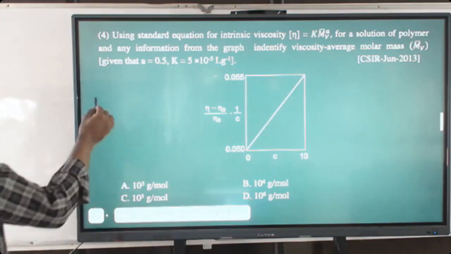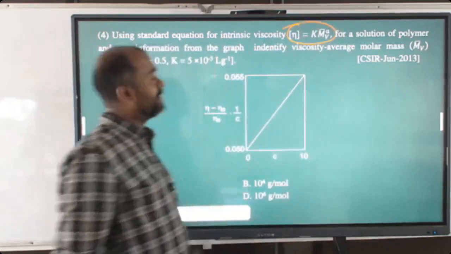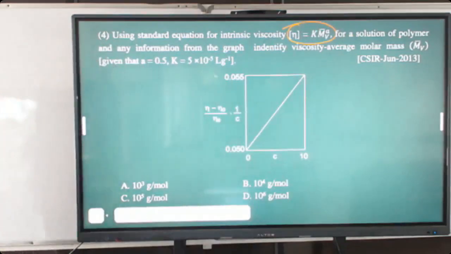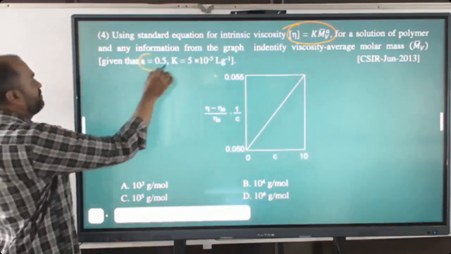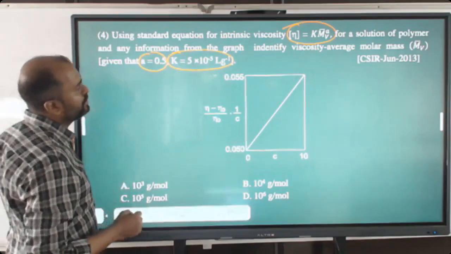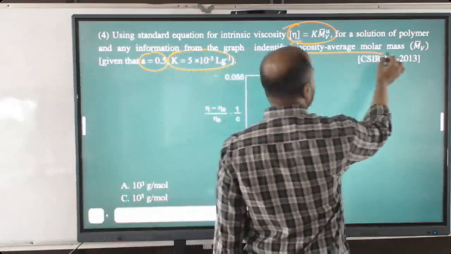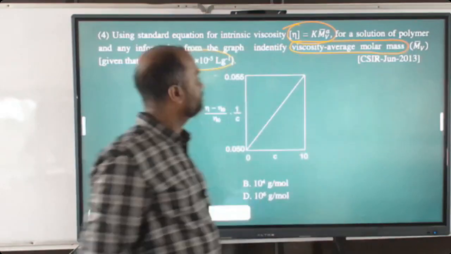The equation for intrinsic viscosity is given. The value of a is given as 0.5 and the value of K is also given. Find the viscosity average molar mass.